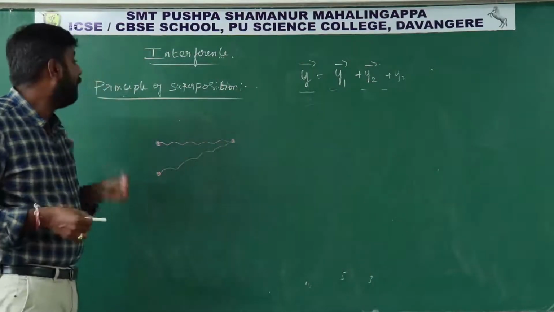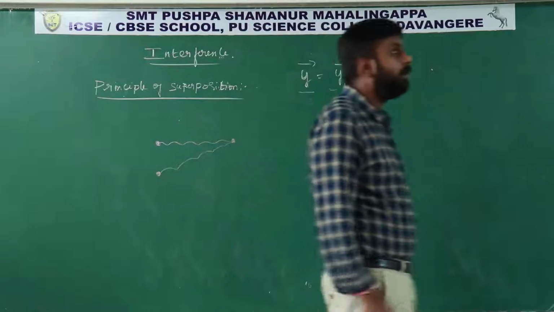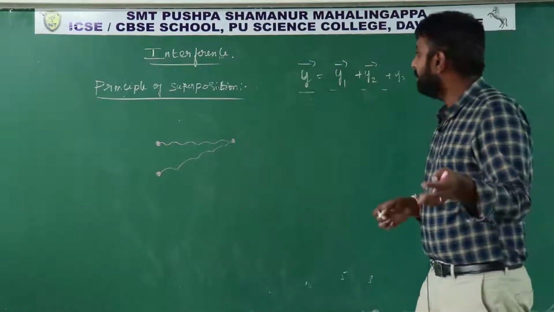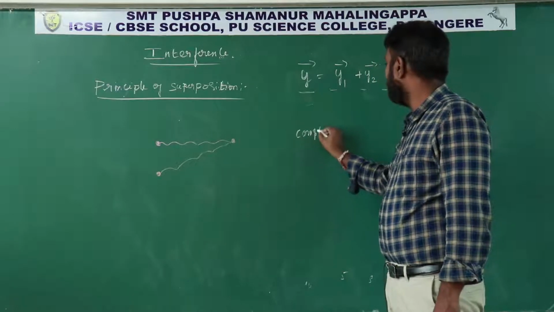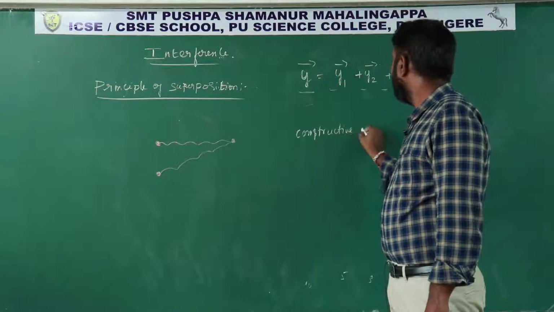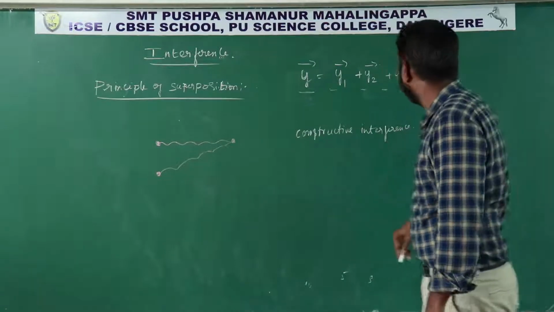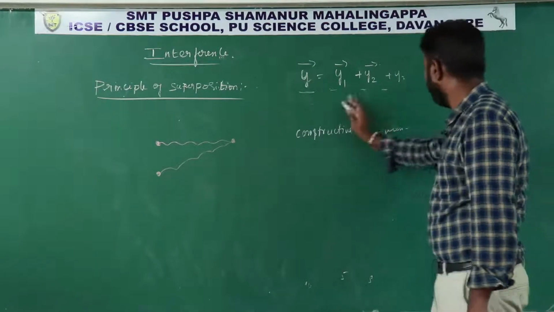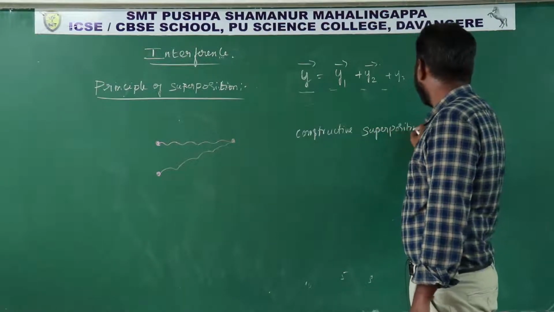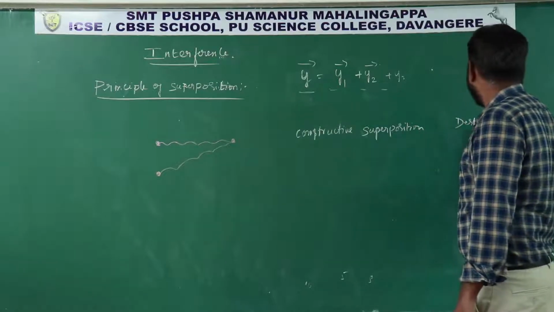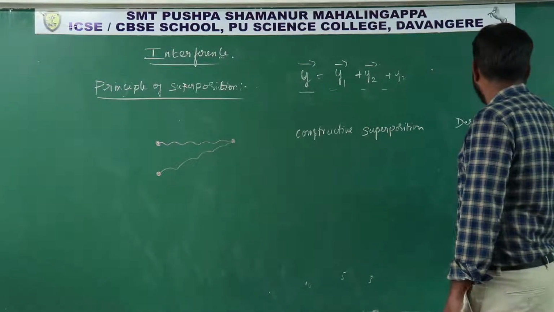superposition. So you have studied this statement in class 11, and there are two types of superposition, that is, one is constructive superposition, and another one is destructive superposition.